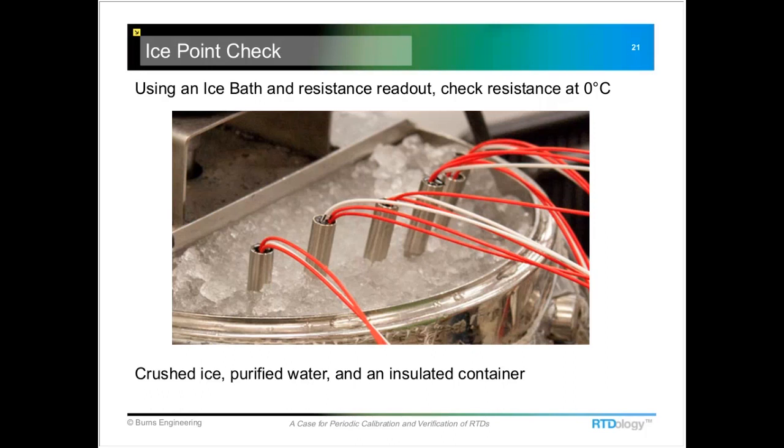And you can see here in this example, you can't really see the water level here. It's probably 1/4 to 1/2 inch below the top of this ice, and the probes are inserted right up to this little transition piece. Most probes you're going to need about 3 or 4 inches to get a good, accurate characterization of what the resistance is at 0 C.